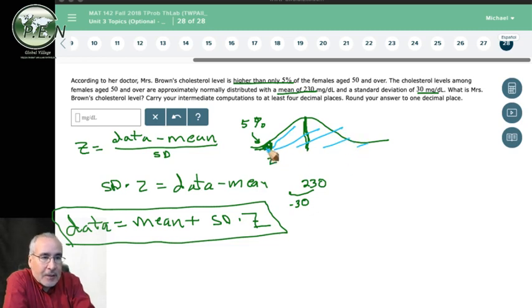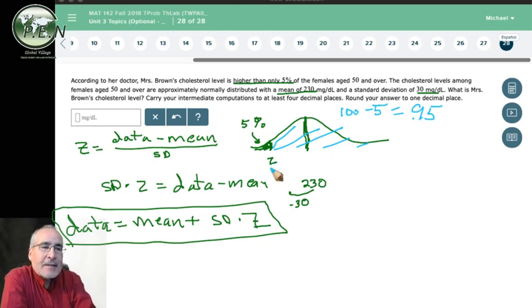So since we want this bottom 5%, what's above is 95%, right? 100 minus 5. What we want to put in is 95. We want to figure out 95%, and it'll give us the z-value.